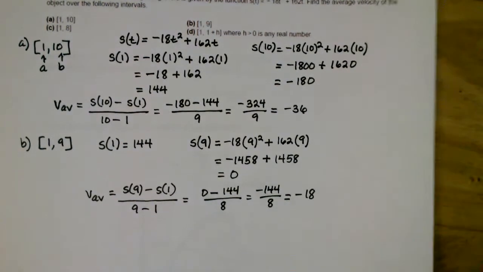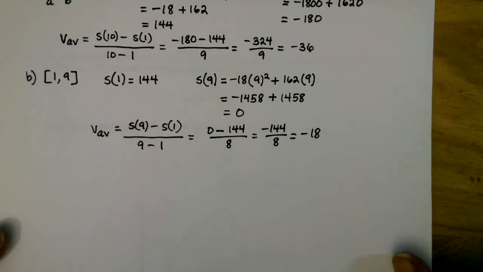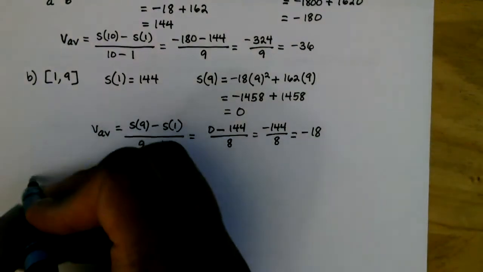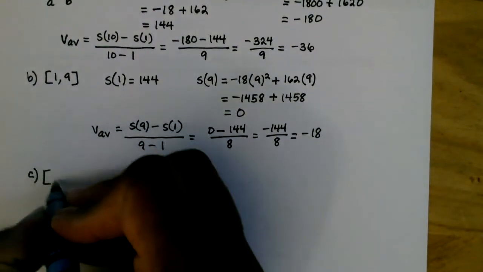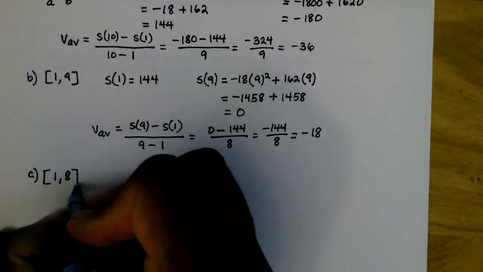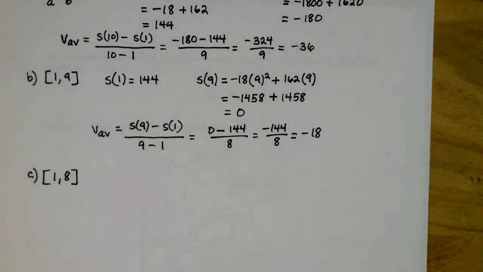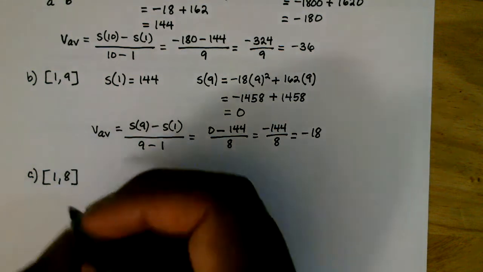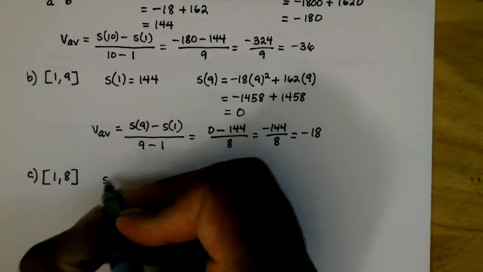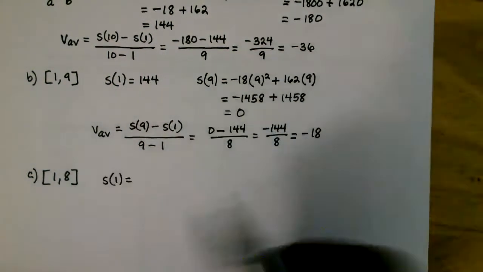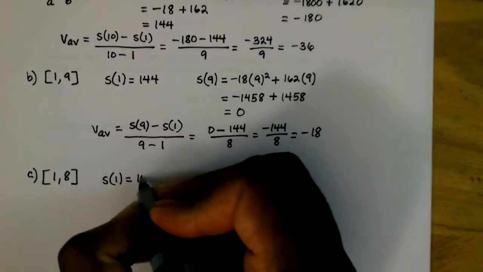All right, now part C, from 1 to 8. These are closed intervals, and that means your endpoints are included. And again, we know what S of 1 is from parts A and B. That's 144.